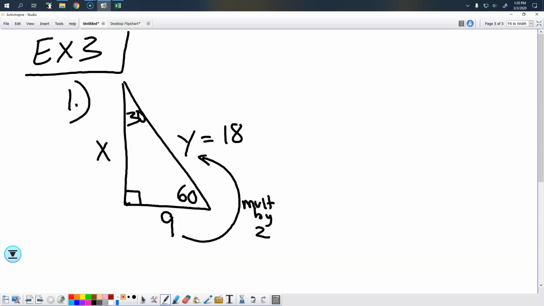Next. Kaylin Smith, if I want to find the long leg, what do I have to do to my short leg? That's right. And if I multiply that by the square root of 3, Demir, what do I get? 9 radical 3. There you go.